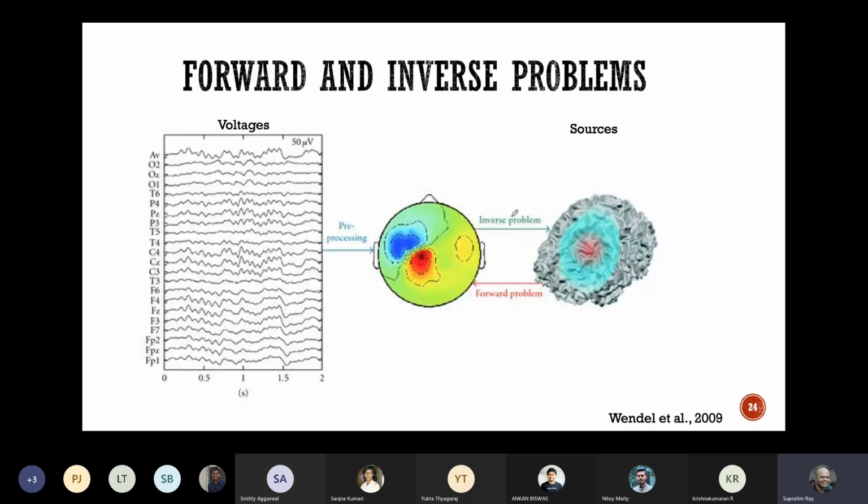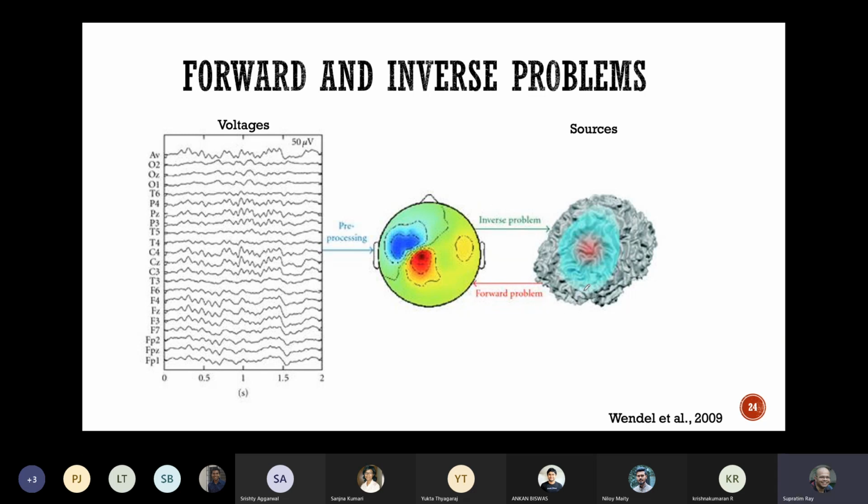Okay, so if I have the voltage traces, you could say, tell me where the sources are. So here are the sources in the brain that are producing this set of voltages on the scalp. This is the inverse problem.